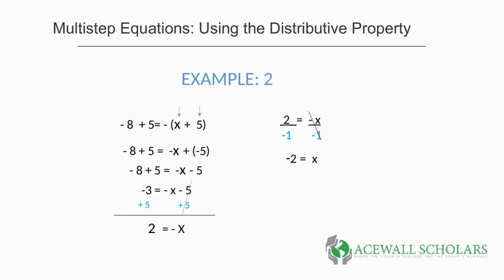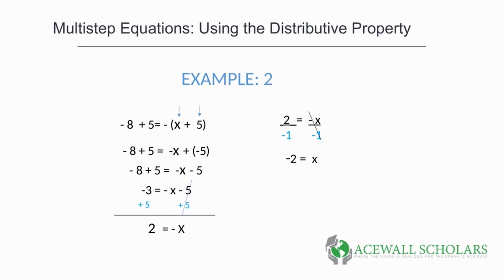Now that minus sign is the same as a -1 being on the outside of the parentheses. So when we multiply it through, we end up getting -x minus 5. So our equation now reads -8 plus 5 equals -x plus a -5. Now we don't need to keep that plus there, so we can rewrite it as -8 plus 5 equals -x minus 5.